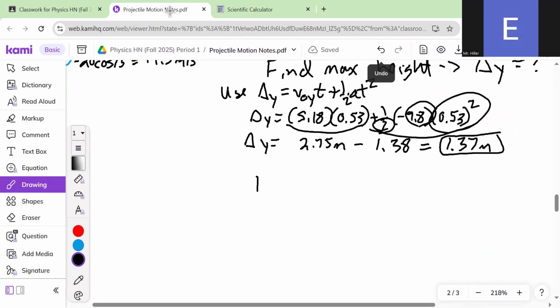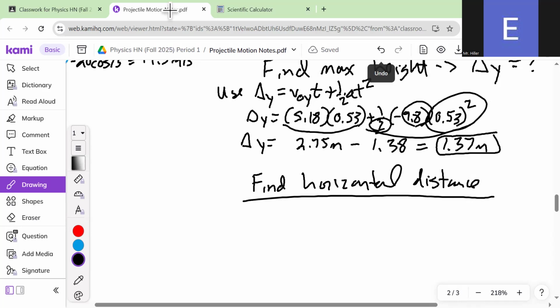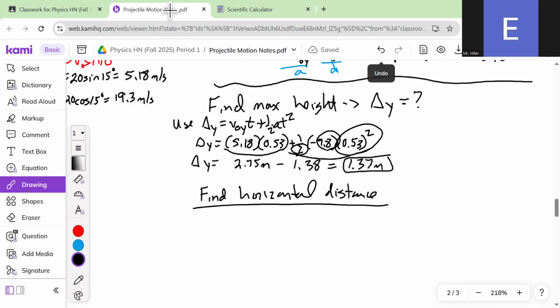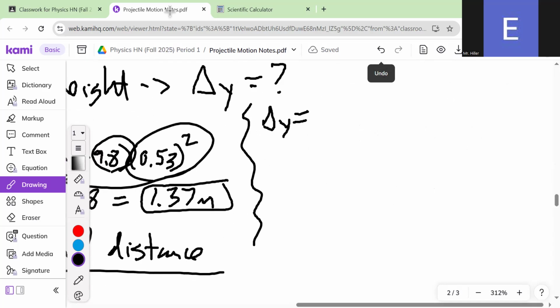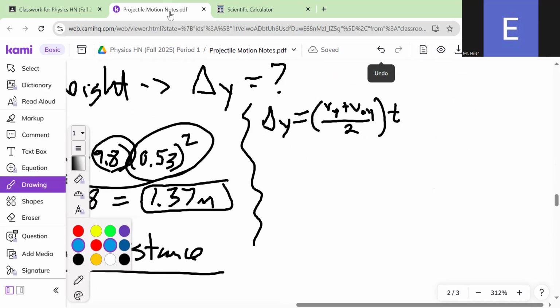Now, to find horizontal distance, oh, before we do that, sorry, one other way you can find max height is using this other equation, the fourth constant acceleration equation: delta y equals Vy plus V naught y over 2 times t. We know that Vy at that highest point is 0, and we know V naught y is 5.18.